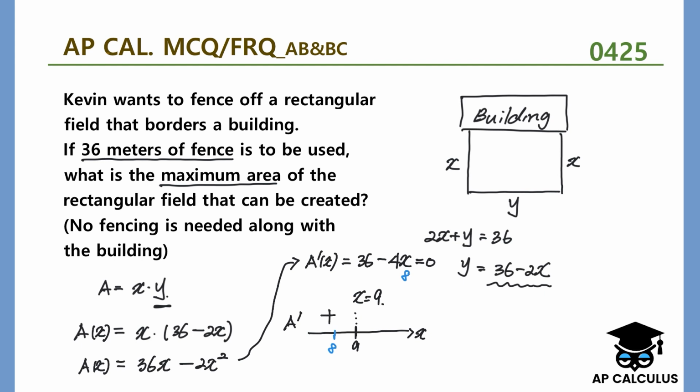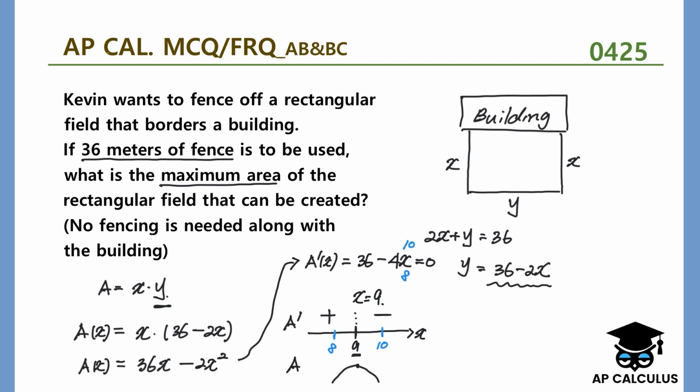If we substitute 10, that's 36 minus 40, which is negative. So area A is increasing, then decreasing. So the maximum area of the rectangle occurs when x is equal to 9.